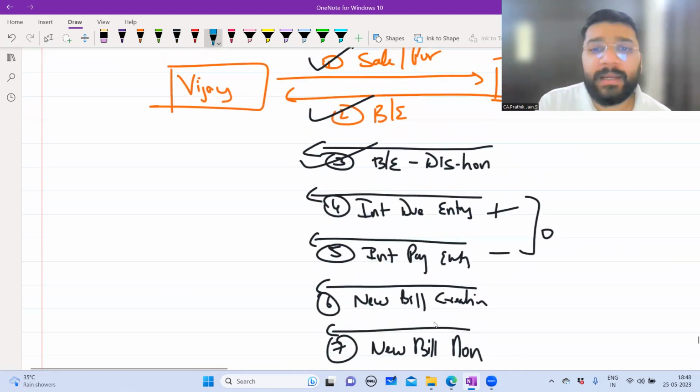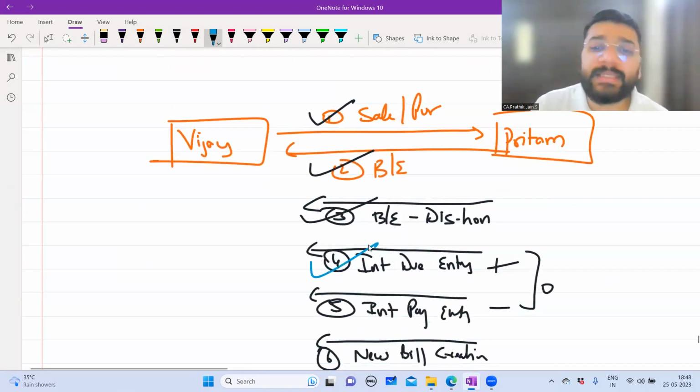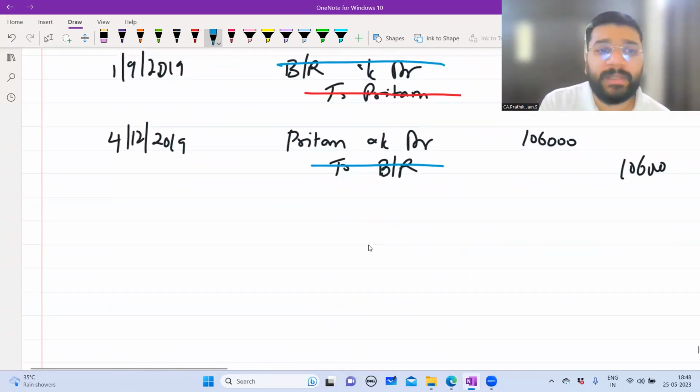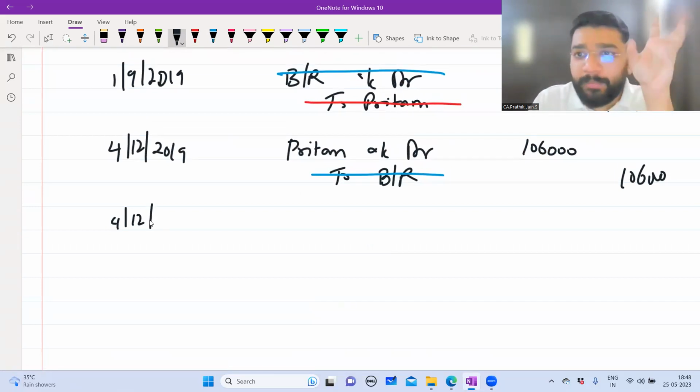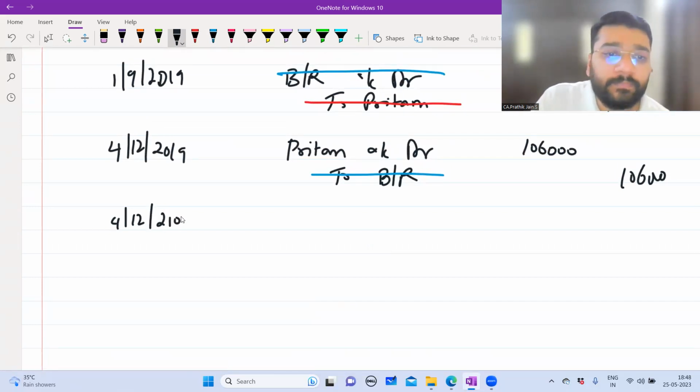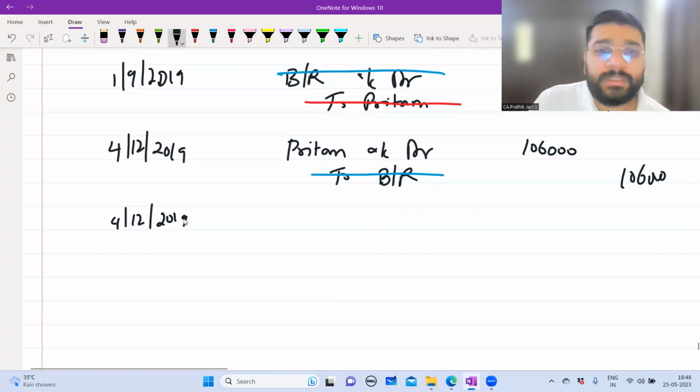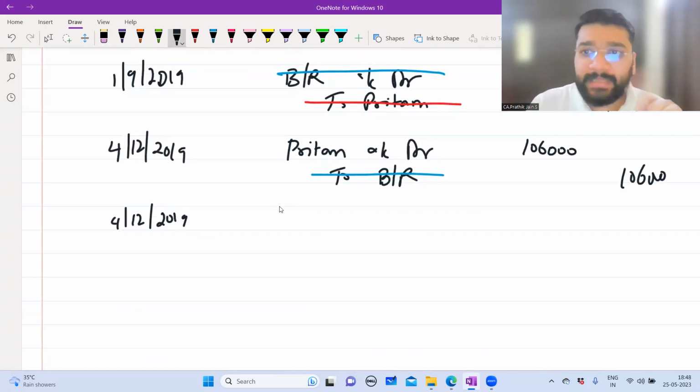So dishonorment entry over. Next one is the interest due entry. On 4th of December, is interest due to be received or to be paid? To be received. So Preetham account debit to interest income. We have to receive this money from Preetham, and anything that you have to receive in future is an asset, so you record it in Preetham's account itself. And this is income.